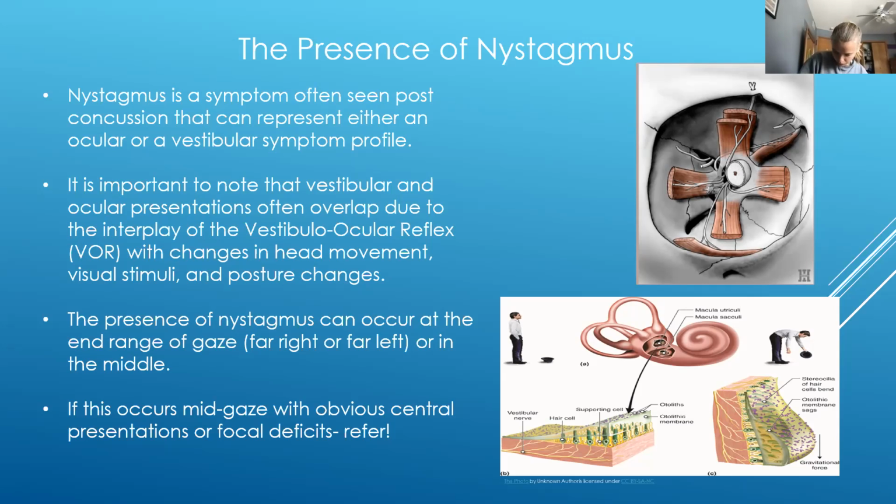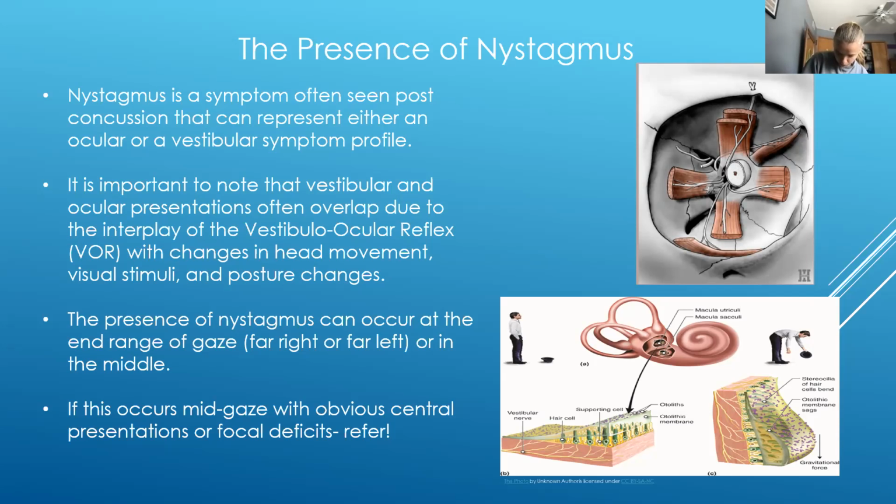It's to keep those objects stable in the field of vision while moving the head. But if we have, for example, a vestibular type of presentation, that can actually cause nystagmus if we're doing too much head movement and or if we change position as far as posture goes. And we will talk about that in detail when we get into vestibular function.